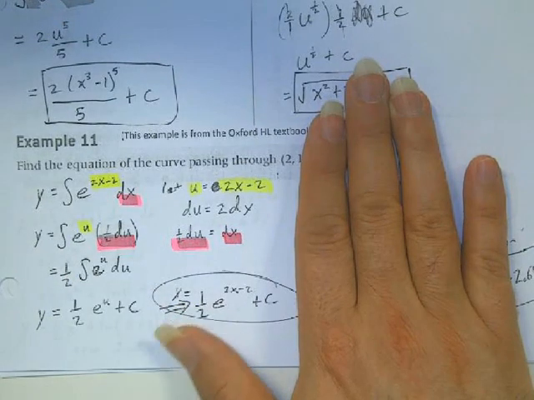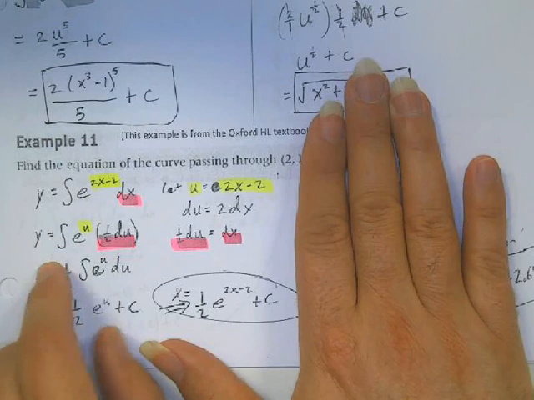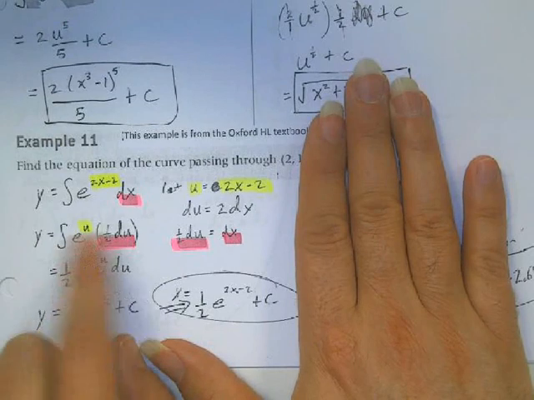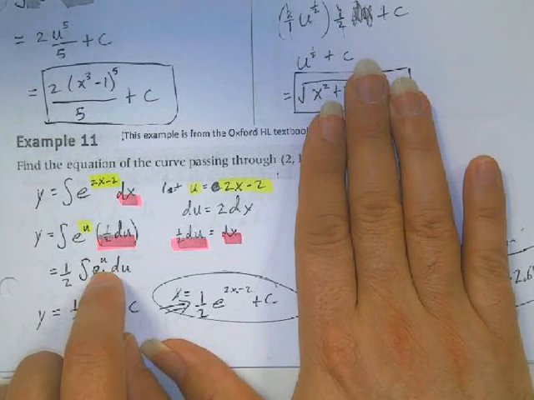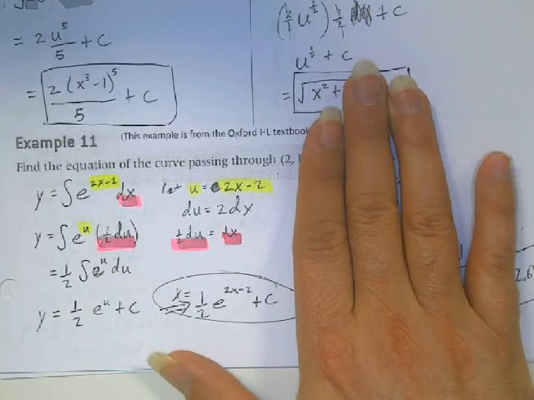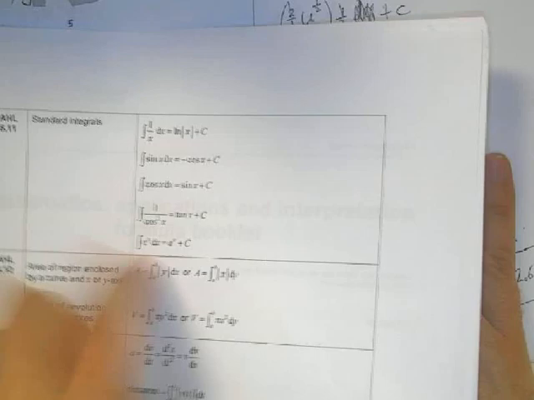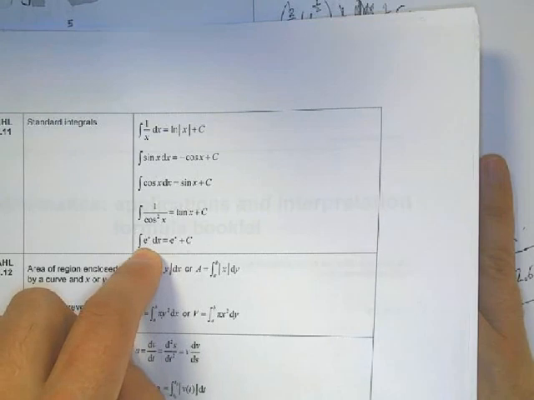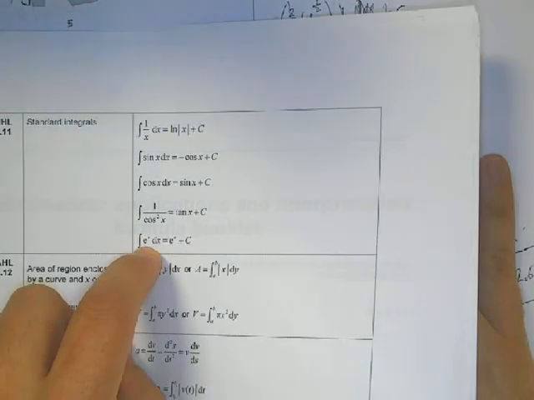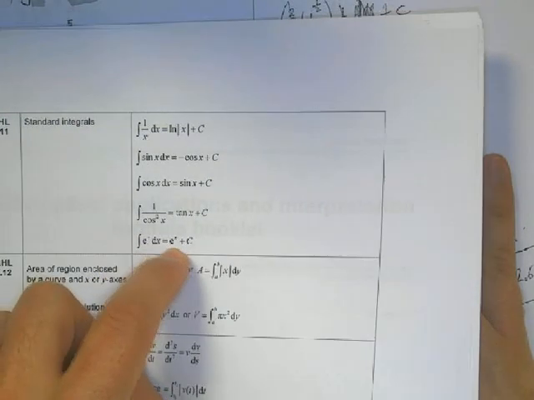Okay, and so now I could put the 1/2 on the other side. I don't have to, but you may as well. And then I have the integral of e to the power of u du. And so then we can use our integration rules, that the antiderivative of e to the x is equal to e to the x plus c.